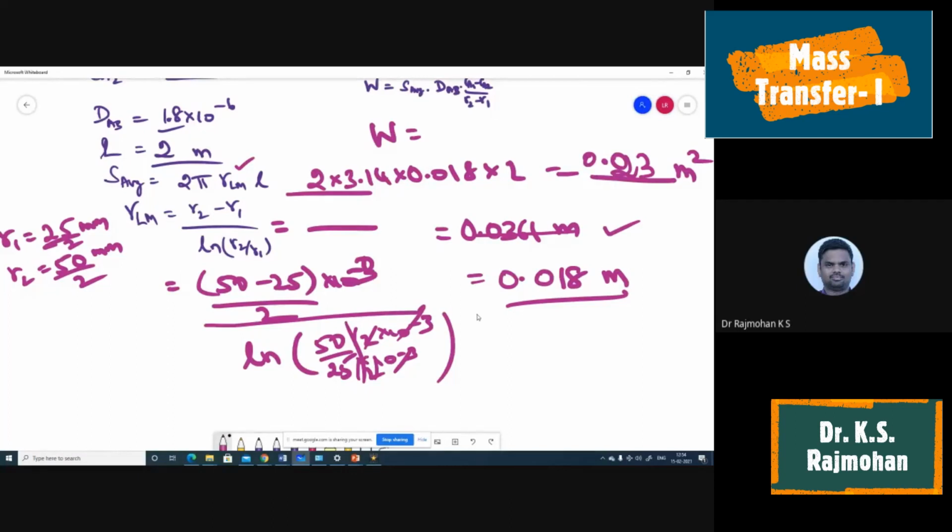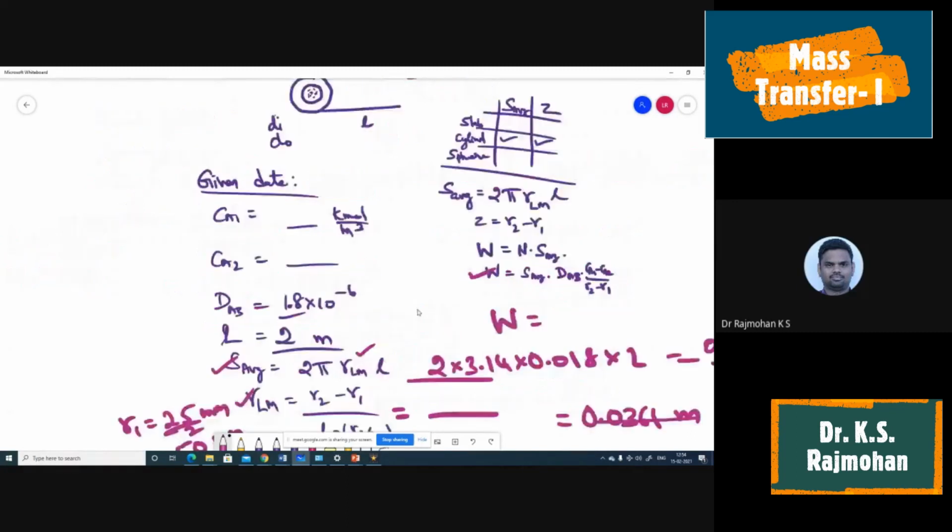Therefore, we got R and S. Now you can substitute in W. W is equal to S average, that is 0.23 meter square, into DAB, 1.8 into 10 power minus 10 meter square per second, into CA1.